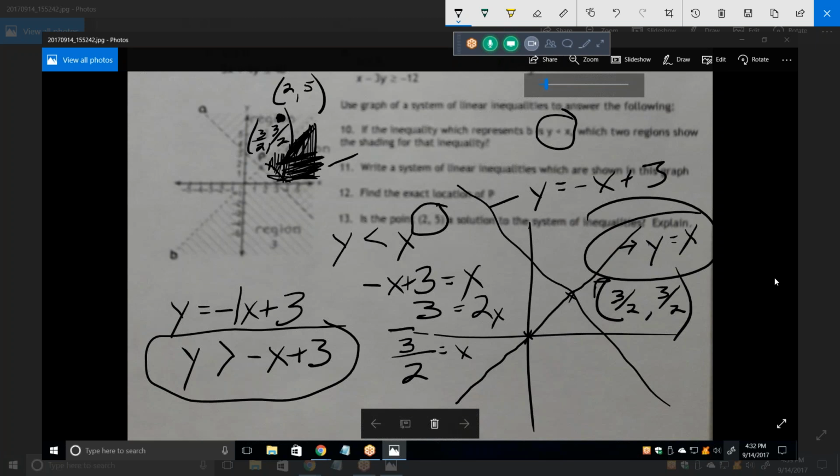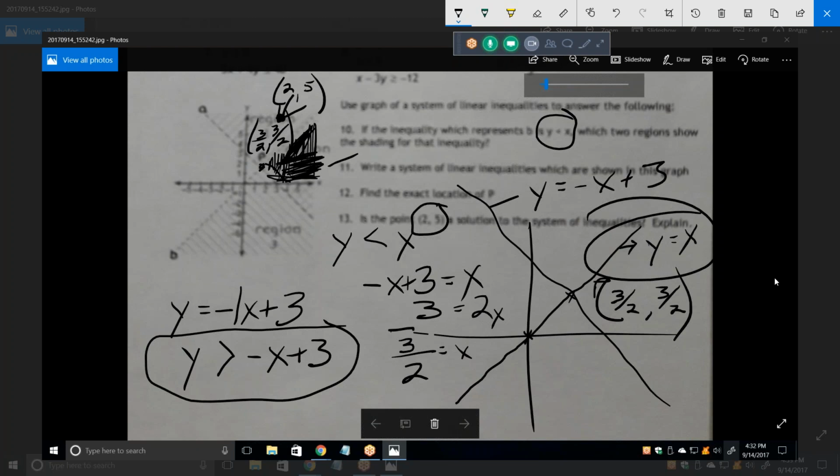The point that I've labeled 3/2 is that point there. But clearly, 2 comma 5 is outside that, although it's not maybe so clear that it is.